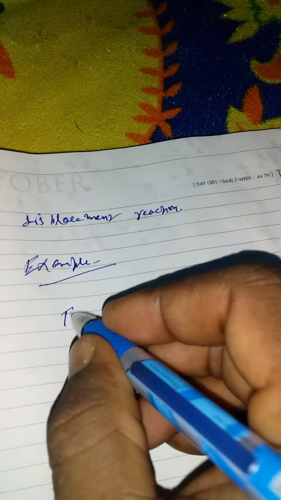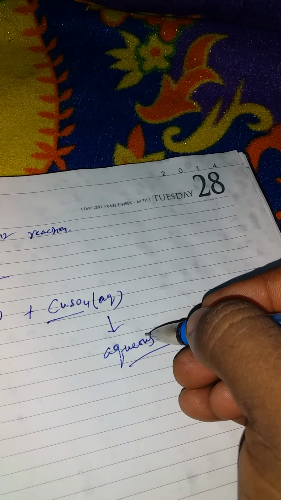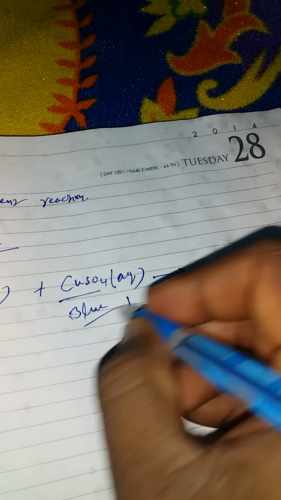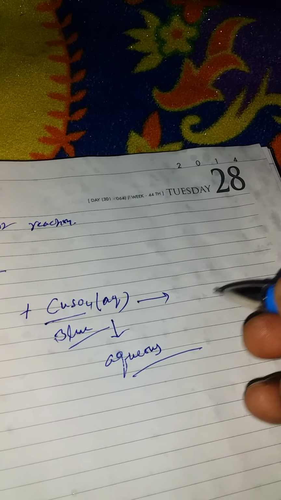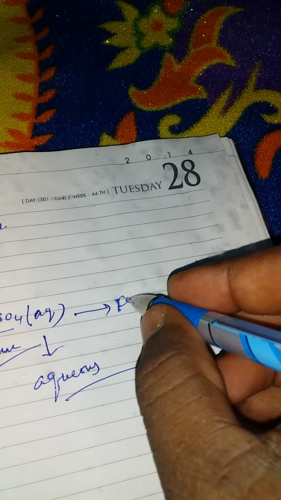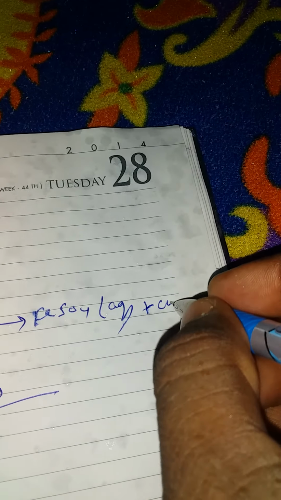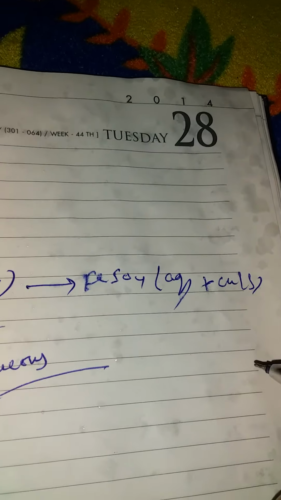When an iron nail in the form of solid is added into this aqueous solution, we see that the blue color of copper sulfate converts into light green FeSO4 aqueous plus copper in the form of solid.